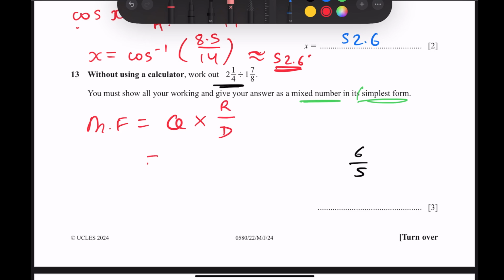Since 6 divided by 5 would produce 1.2, q is 1. r is 1, since if you divide 6 by 5, 5 times 1 is 5, so 6 minus 5 is 1. So your remainder is 1, your quotient is 1, and d is the number you're dividing by, so the denominator. So q times r by d would be equal to 1 times 1 by 5. So the answer is 1 and 1 over 5.